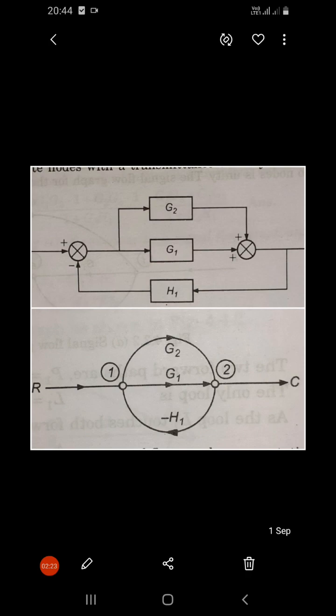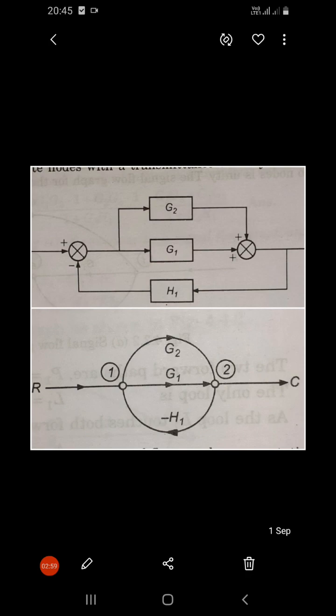Before G1, this takeoff point and this summing point we can represent by a single node, and after G1, this summing point and the takeoff point after it are represented by a single node. So remember this. If this is our block diagram, then our signal flow graph is this.